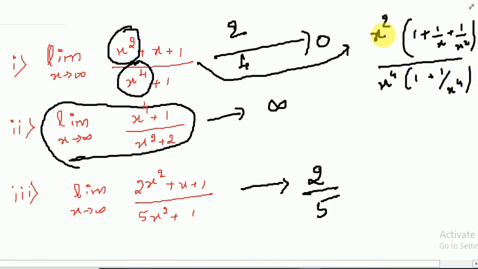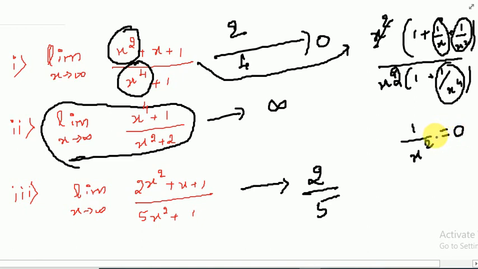So you can cancel this x square and x raised to 4, therefore we remain with x raised to 2 in the denominator, and as x tends to infinity, this term will be 0, this term will be 0, and also this term will be 0. Therefore we only remain with 1 divided by x square as x tends to infinity. Infinity means a very large number, its square will also be a very large number. 1 divided by a very large number will give you 0.